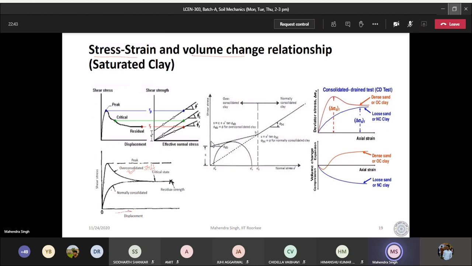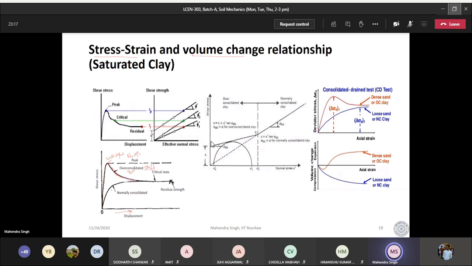If you plot the displacement or strain, horizontal displacement in a shear test, or axial strain in a triaxial test, then the behavior will be something like this: shear stress goes up and there is a well-defined peak. It is like a brittle, sudden behavior, because the material is strong and stiff. And after the failure, the stress goes down.